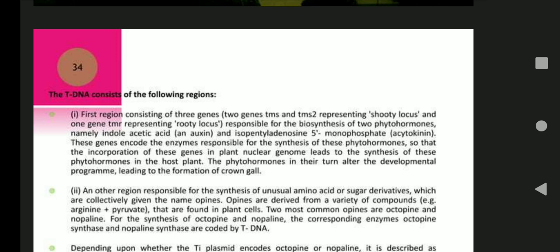These are capable of producing two phytohormones, that is indoleacetic acid, auxin, and isopentenyl adenosine monophosphate, cytokinin. These gene-coded enzymes are responsible for the synthesis of phytohormones that get incorporated into the plant genome, resulting in the production of crown gall.